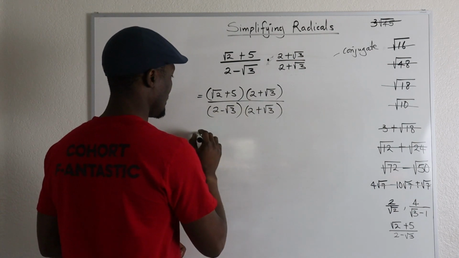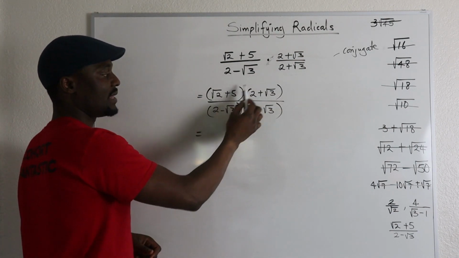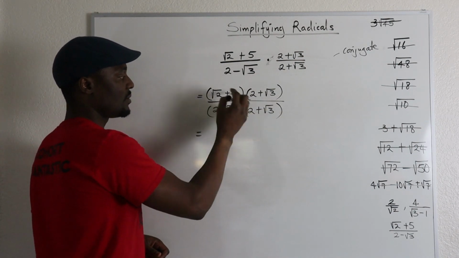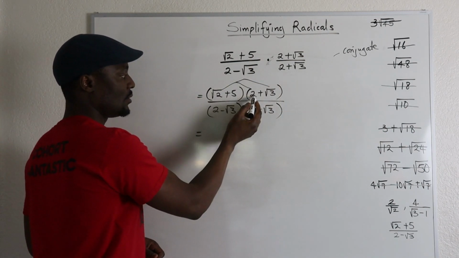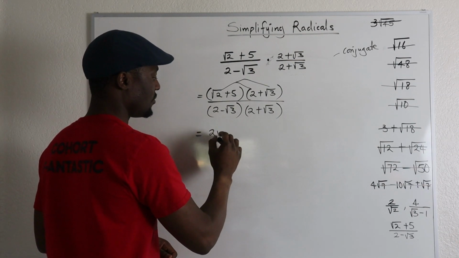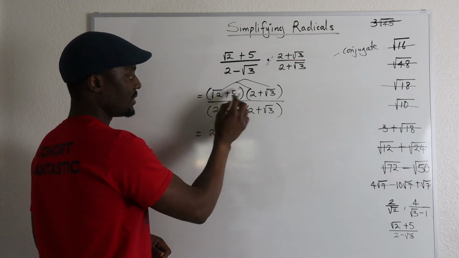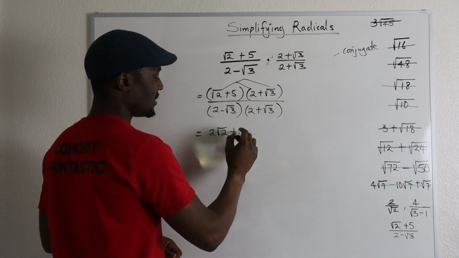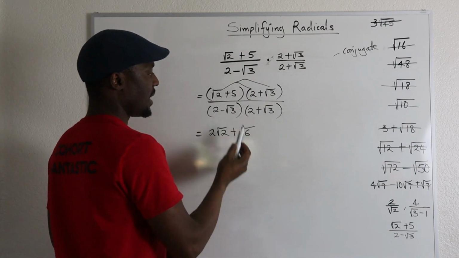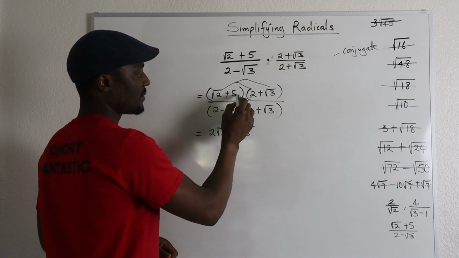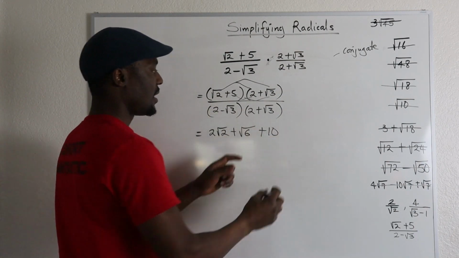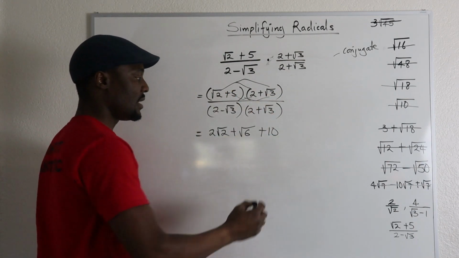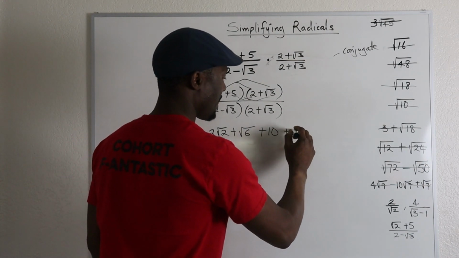And this is going to be, if you multiply this out, rad 2 times 2 will be 2 rad 2. And this times rad 3 will be rad 6. Then multiplying this, 5 times 2 gives you 10, and 5 times rad 3 gives you 5 rad 3.